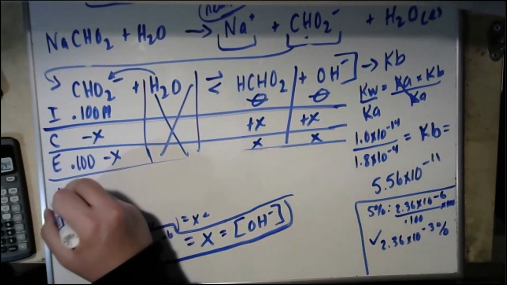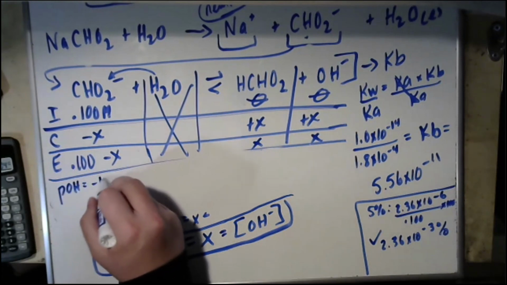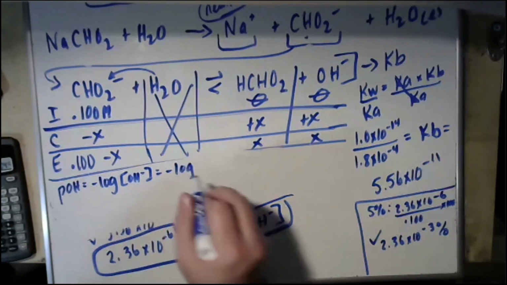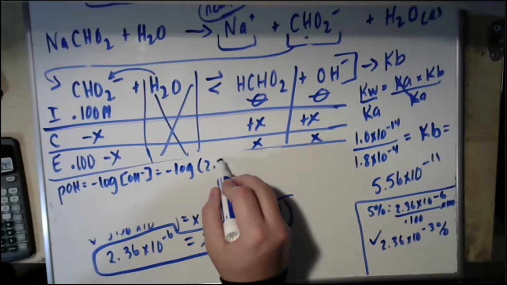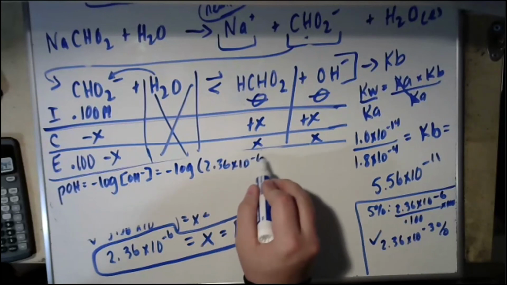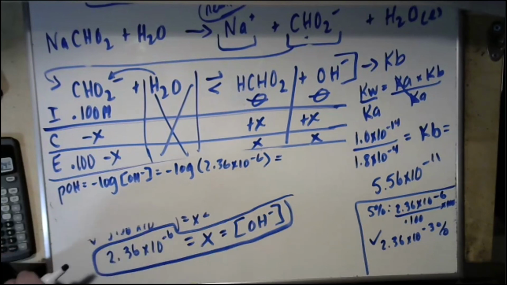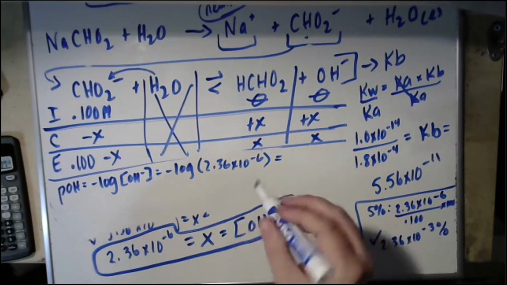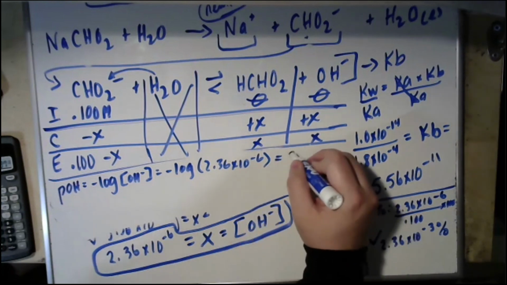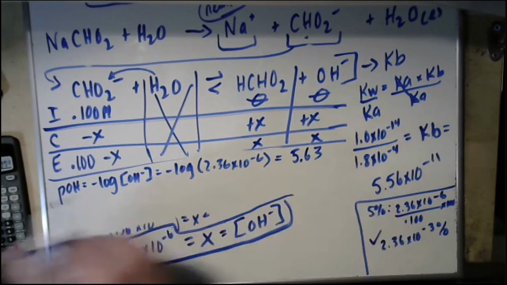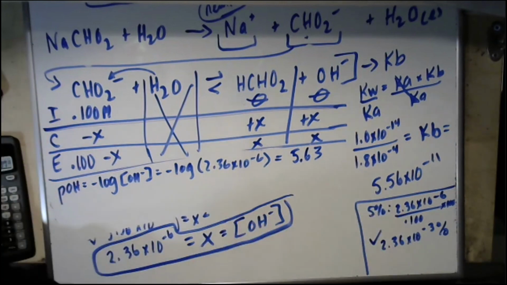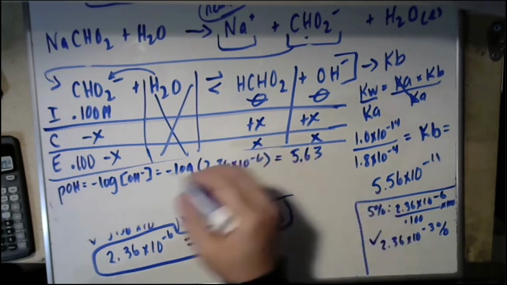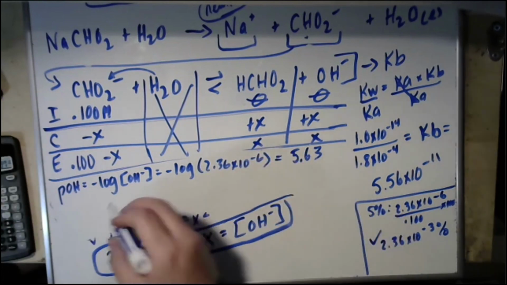Okay, so my pOH is going to be the negative log of OH minus. So negative log of 2.36 times 10 to the negative 6. That's going to be 5.63. Okay, and now I'm going to find the pH from that using the pOH.